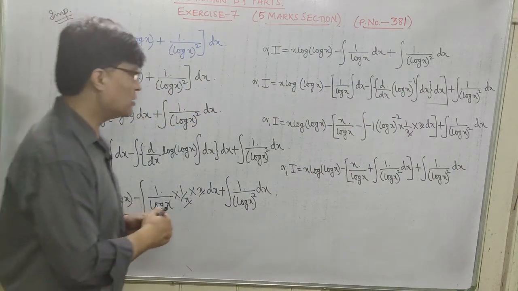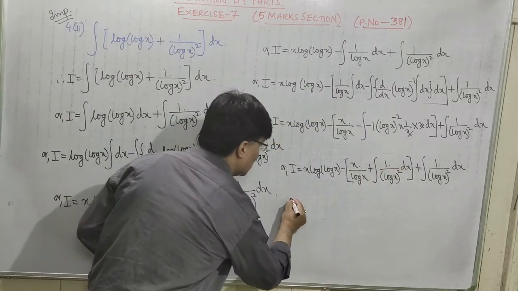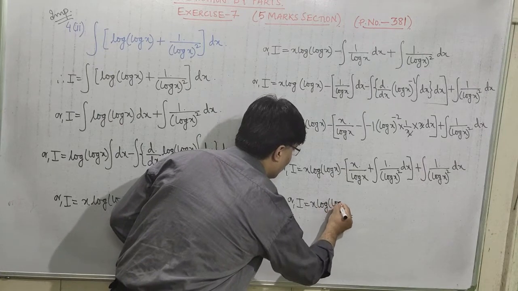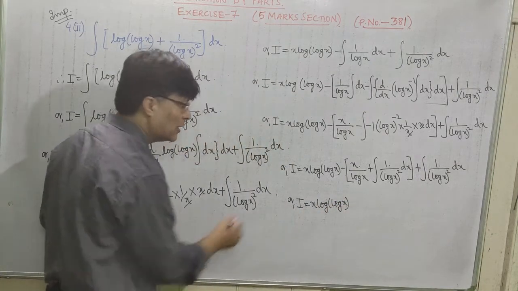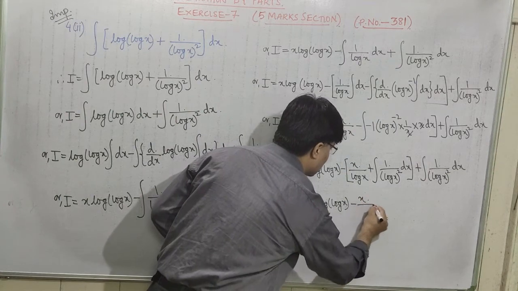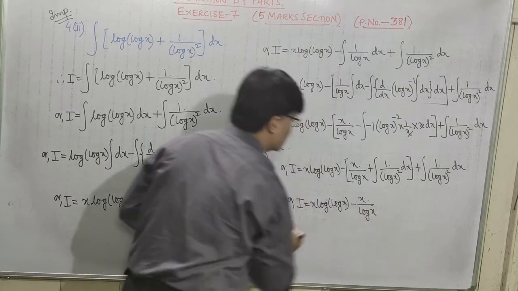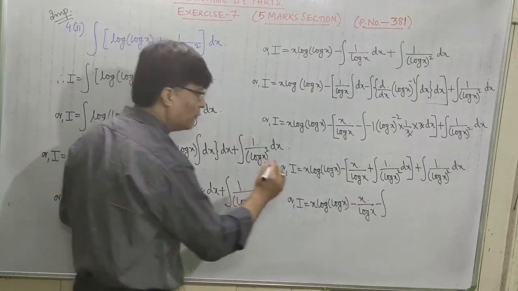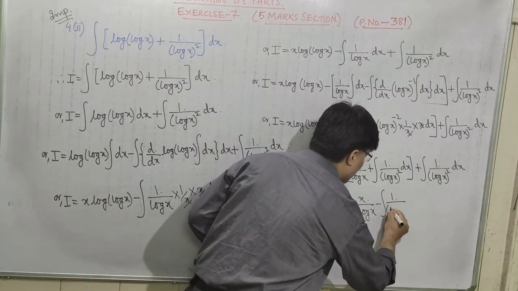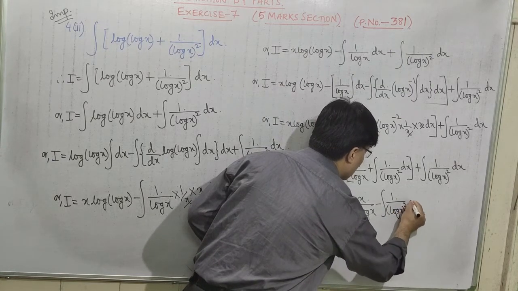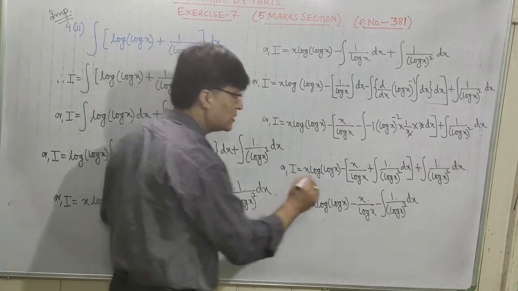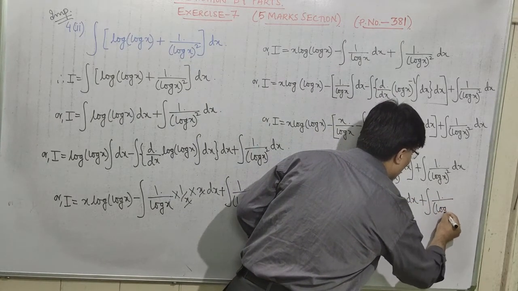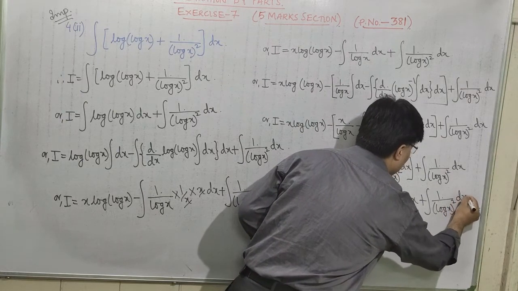Understood now? So let us open this bracket and simplify it. I is equal to x log of log x, then minus x upon log x, minus into plus, minus the integration of 1 upon (log x) whole square dx, plus the integration of 1 upon (log x) whole square dx.